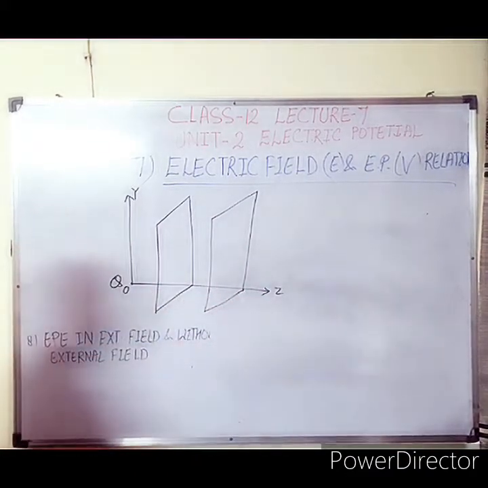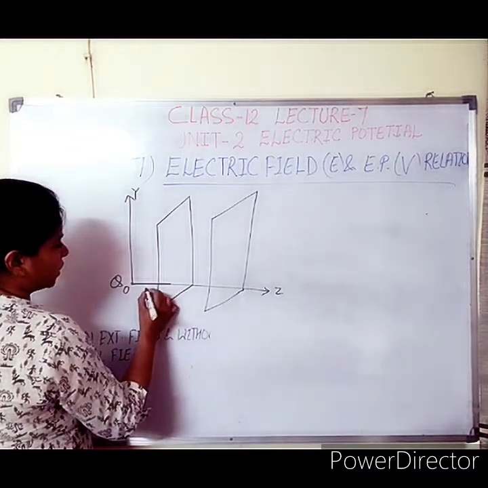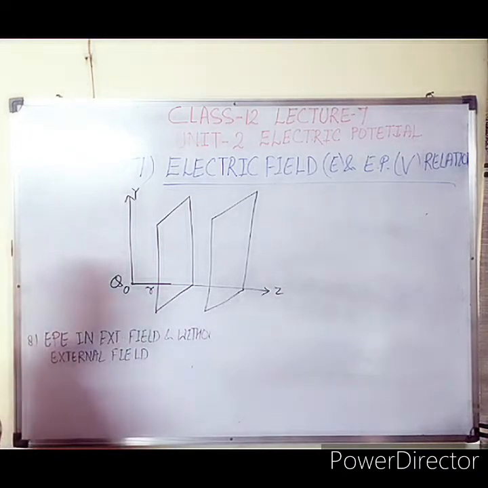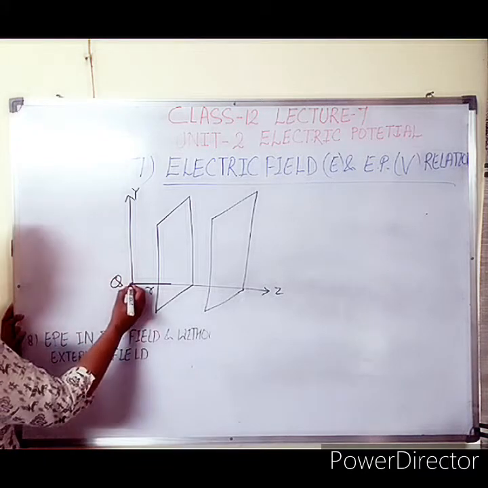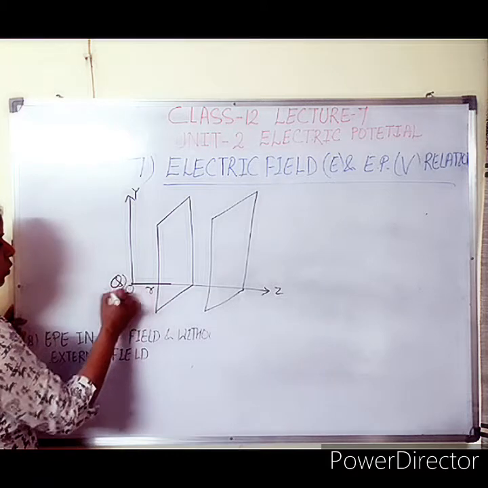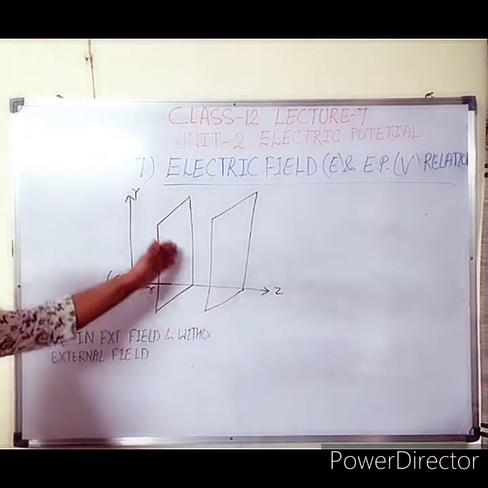These are parallel to each other. Surface 1 is at r distance from the origin position where the source charge is placed. This is origin O, and the source charge is placed at the origin, and the equipotential surfaces are this one.